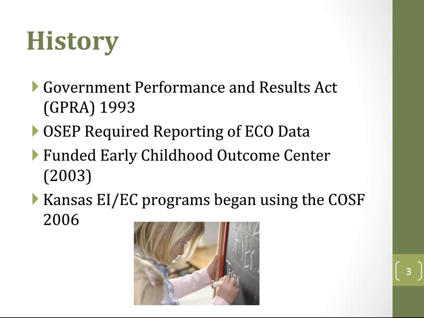The Office of Special Education Programs, or OSEP, responded by requiring states to produce outcome data on children participating in early intervention and early childhood special education programs as part of their state and local annual performance reports.